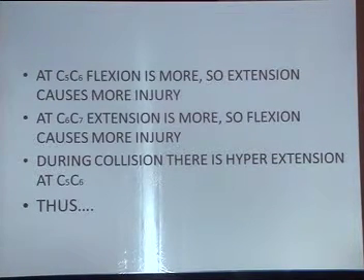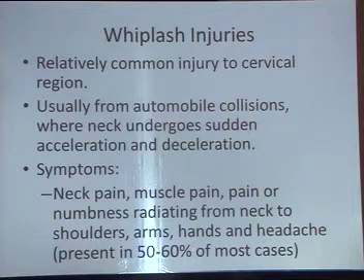Means at the C5, C6 level, extension causes more injury to the structures, and at the C6, C7 level, flexion causes more injury to the structures. So during collision, there is hyperextension at C5, C6 leading to whiplash injury. That has been calculated, that is why this is so. Because first of all, in the bony extension injury, the bone is getting affected, so it goes to the spinal cord, so the affection is more.